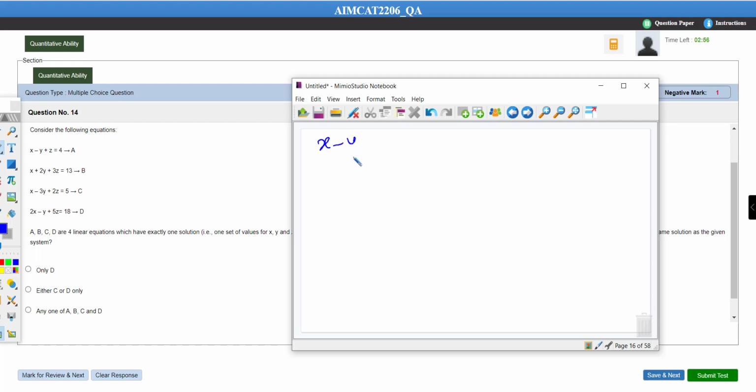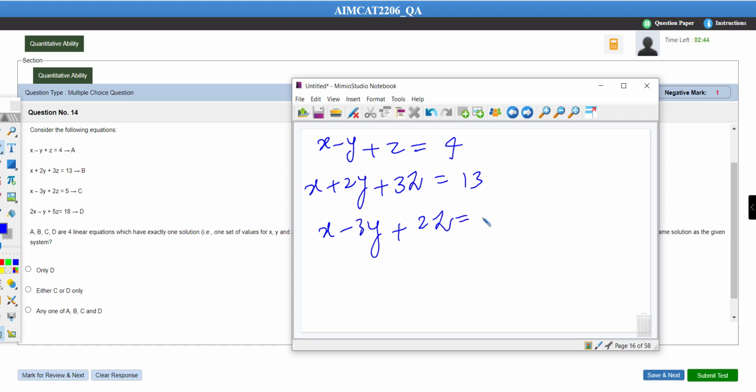Okay, so x minus y plus z is equal to 4. This is first. x plus 2y plus 3z is equal to 13. x minus 3y plus 2z is equal to 5, and 2x minus y plus 5z is equal to 18.